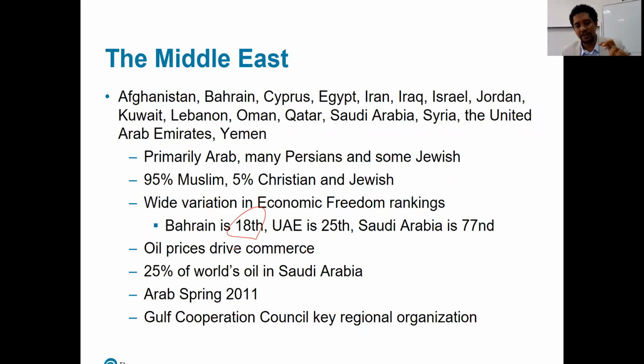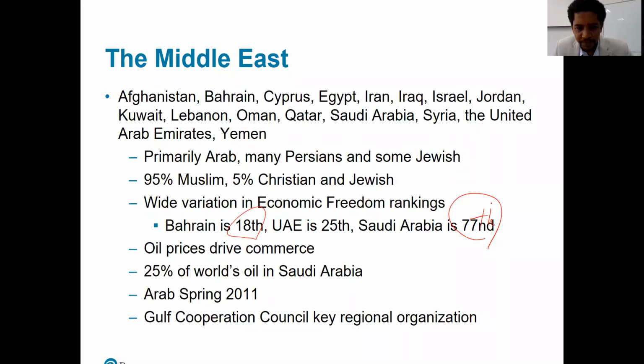Last week we have seen this free, partly free, and restricted, something like that. So economic freedom is categorized into these four categories, and from this you can see Saudi Arabia is 77th in ranking in economic freedom.